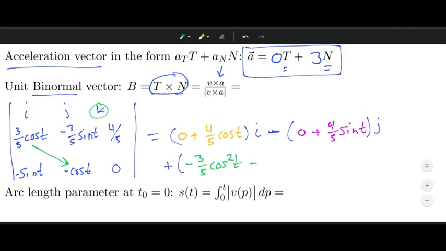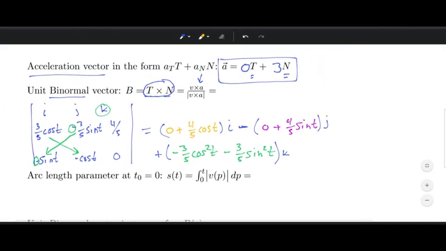And then minus negative 3/5 sine t times negative sine t. So two negatives here is going to turn positive, but from our formula we still have a negative. And so that's going to be minus 3/5 sine squared t. And that's going to be our k component for this binormal vector.